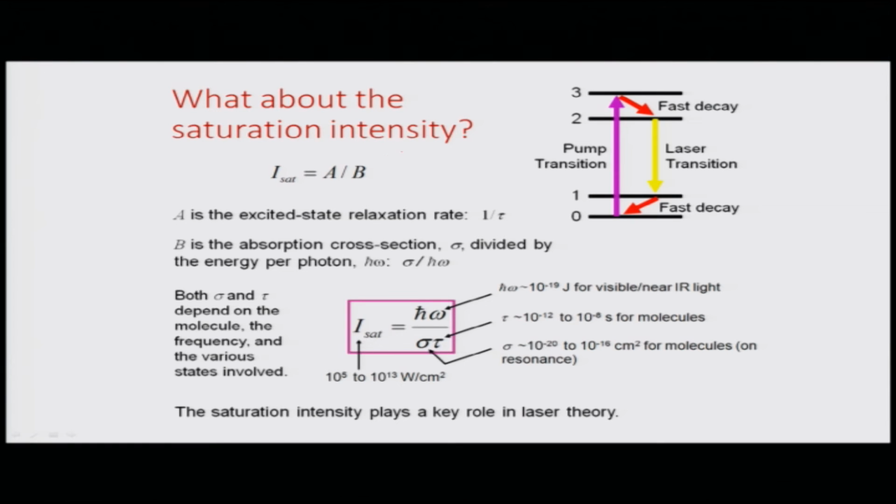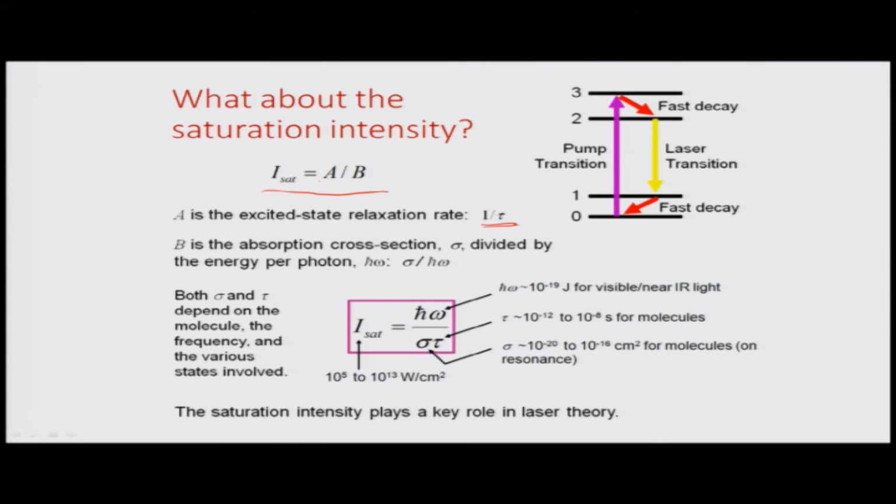The saturation intensity is something which, as I mentioned a couple of times before, is the ratio between the excited state and the ground state in some sense. So, we can look at the relaxation rates and see how these can be quantified.